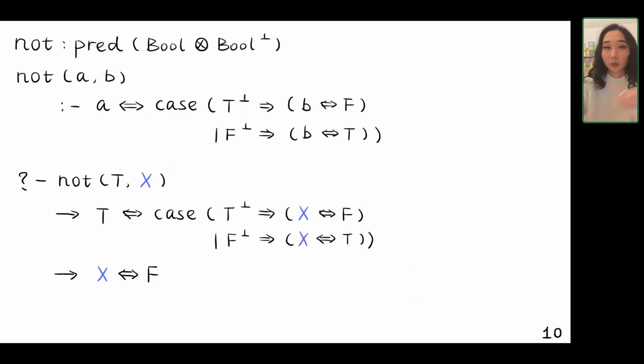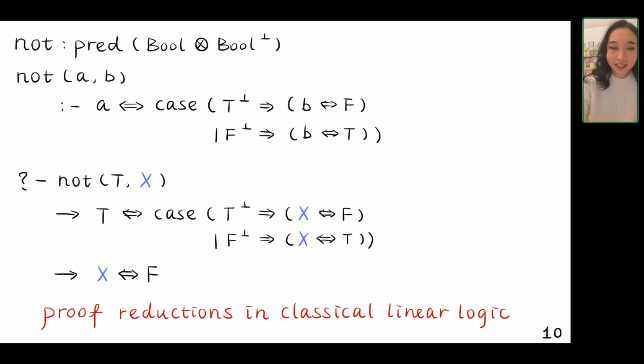Again, opposite means switching input-output. And as we've seen before, these linkings come from the cut rule. So each step is really a proof in classical linear logic, and these reductions are proof reductions in classical linear logic.